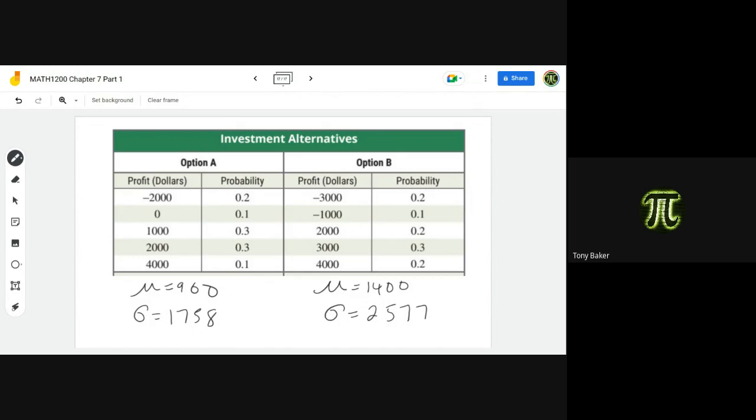If you're looking at something more short-term, you want something that's not as varied. So you might want to stick with option A. That's the difference.